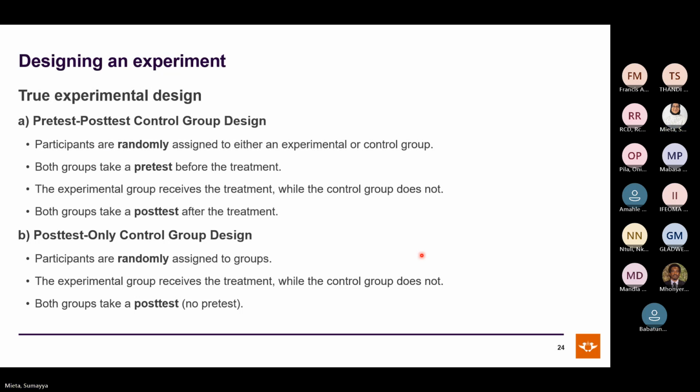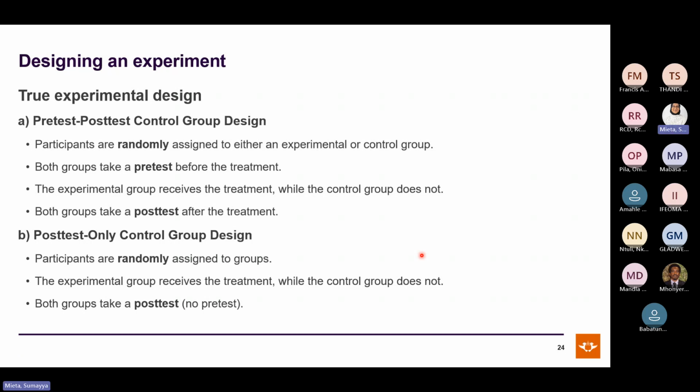Okay, so for example, say you want to test the effect of a new drug on blood pressure. Okay, you have a group of 40 individuals in a room. You randomly divide them into two groups, and you take both the groups' blood pressure, right?